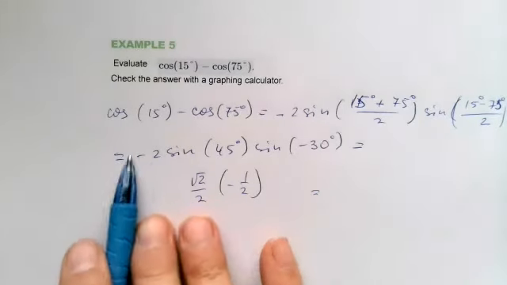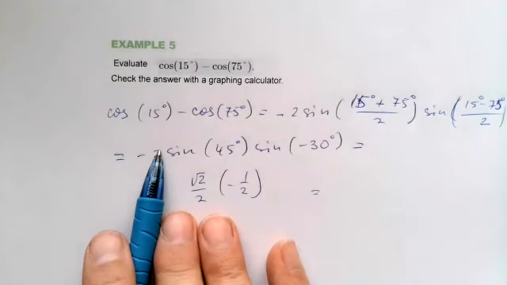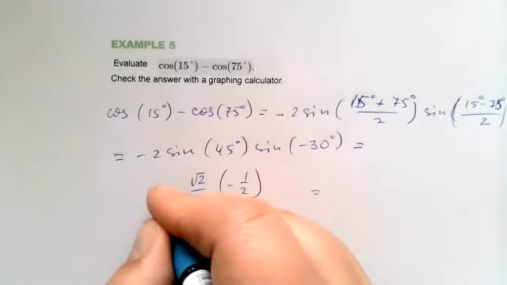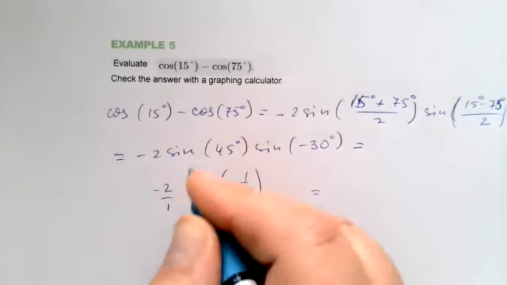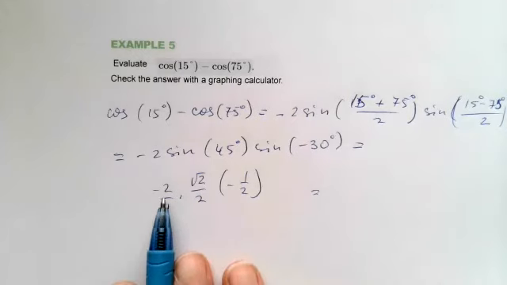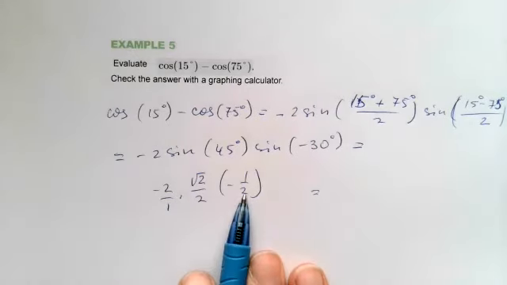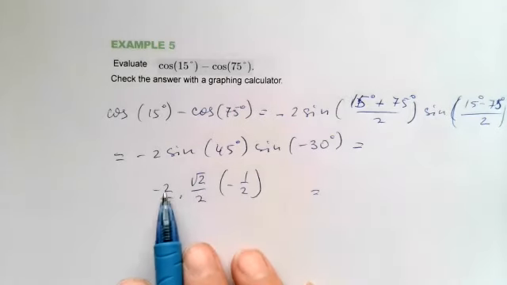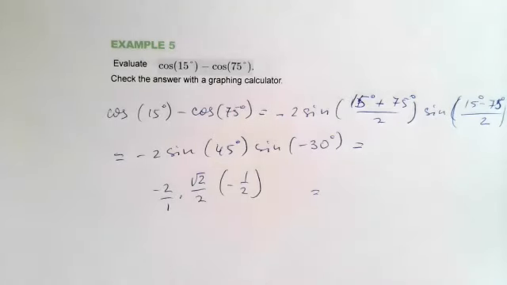And I do have this factor of negative 2 here, which I'm going to turn into a fraction as well, so I'm going to write negative 2 over 1. Now I'm going to multiply these fractions. Again, I have a negative times a negative, which makes it positive, times a positive, so the total product is positive.